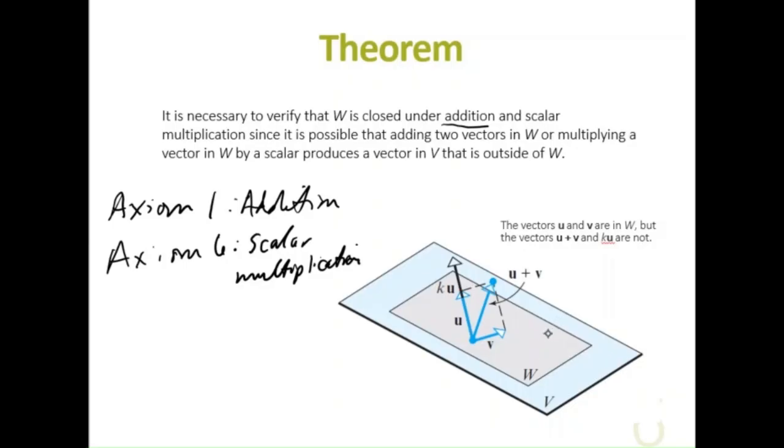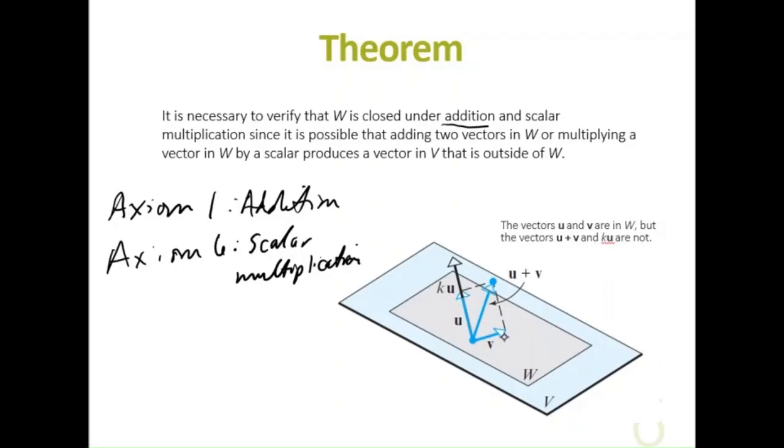And you'll notice that it's really important that we prove these axioms 1 and 6 hold, and that W is closed under addition and scalar multiplication, because this diagram actually shows an interesting thing here. It says the vectors U and V are in W. So here's U, this blue one right here, and here we have V. So you can see they're within W here. But interestingly, look at this. It says, but the vectors U plus V and KU are not.